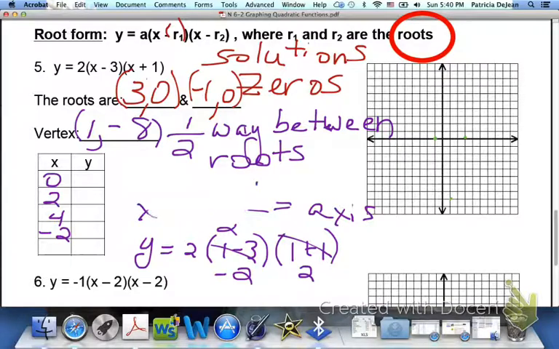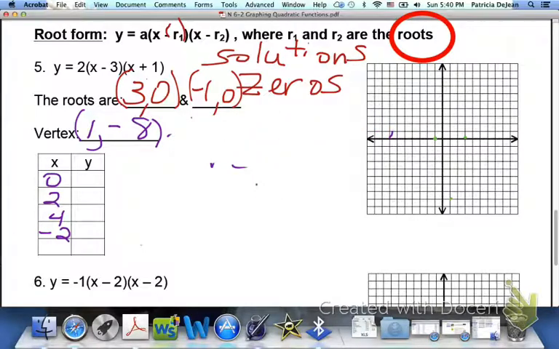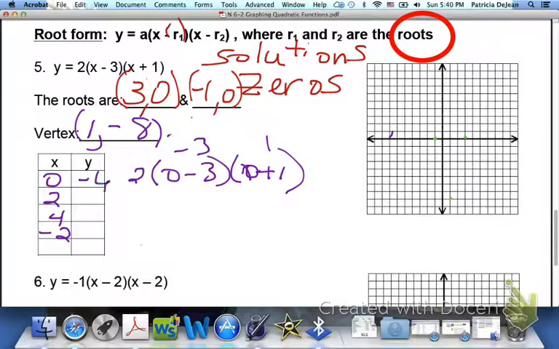So let me clear some space here. Okay, so filling in the blanks now with our x, we have 2 times 0 minus 3 times 0 plus 1, which is negative 3, times 1 times 2, or negative 6.